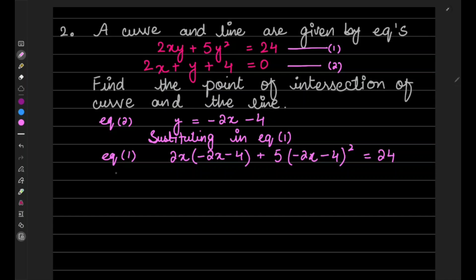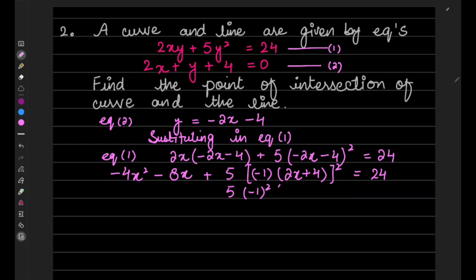Now just simplify this. 2 times 4, so -4x² - 8x, plus 5 times... as we have both negative, let's take this minus 1 aside and 2x + 4. You can do it directly, but I'm showing this for people who may find it confusing. So it becomes 5 times (-1)² and (2x + 4) squared equals 24.